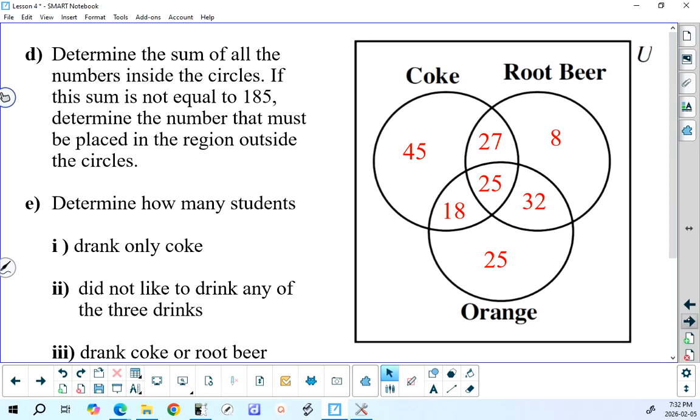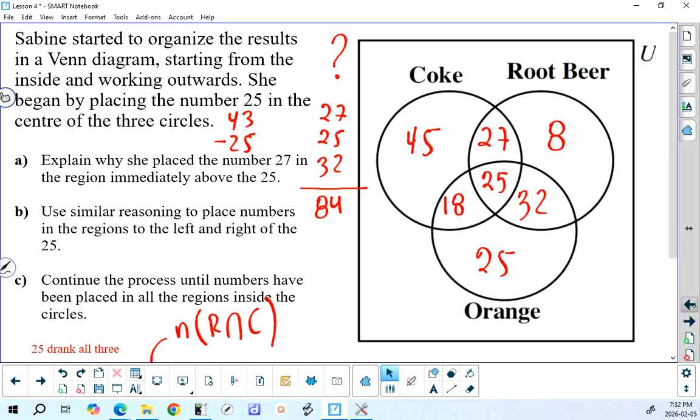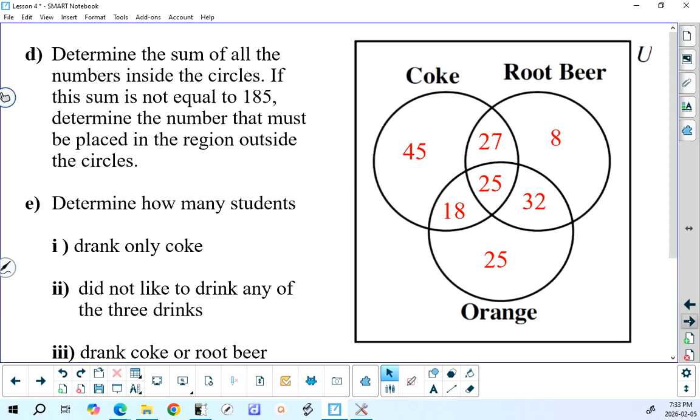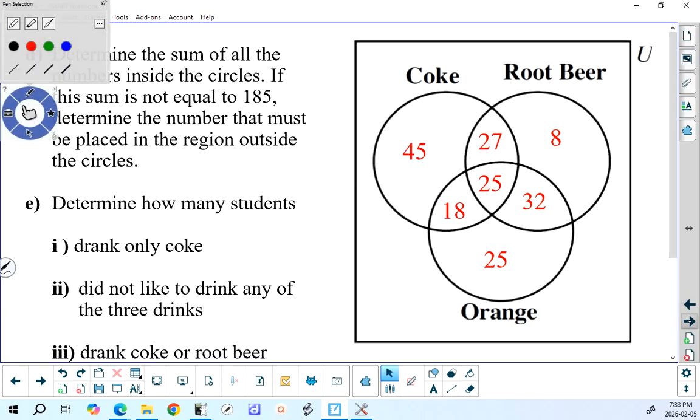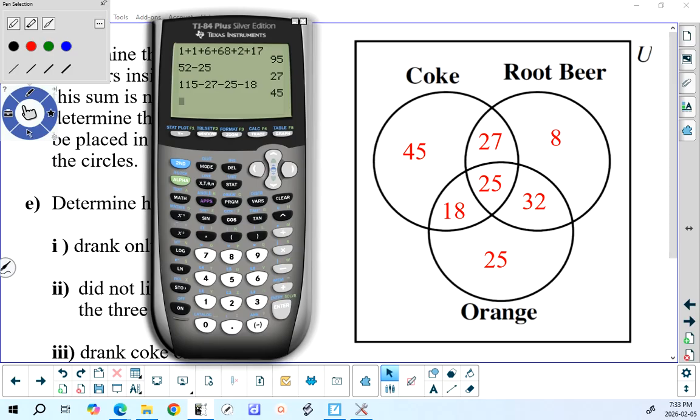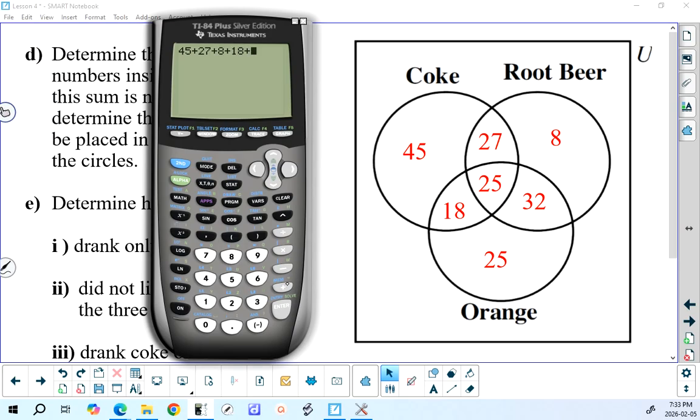I just want to make sure that I transpose that right. 45, 8, and 25. 25, 18, 32, and 27. I did. Okay. So add up all of these numbers. So 45 plus 27 plus 8 plus 18 plus 25 plus 32 plus 25. I'll double check here. Looks good.